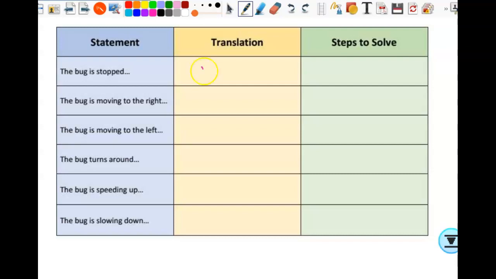So v of t equals 0. To solve it, you just set v of t equal to 0 and solve. If it's stopped, that should tell you my velocity is 0. That gives you something, and things being 0 are usually pretty helpful.